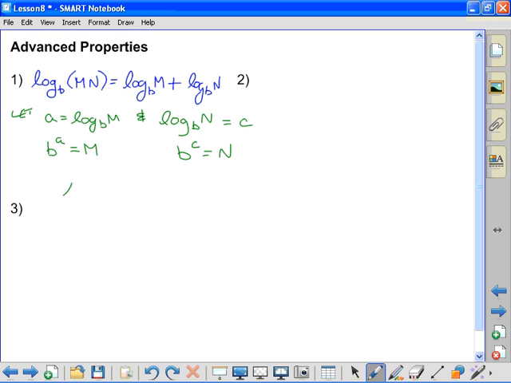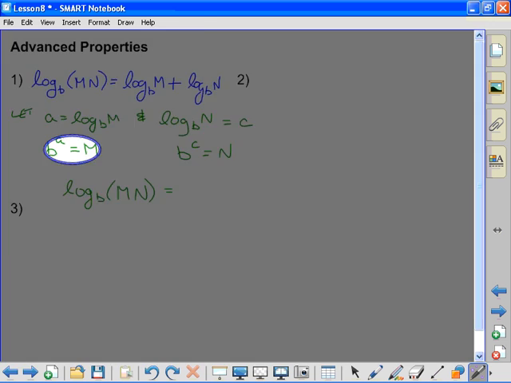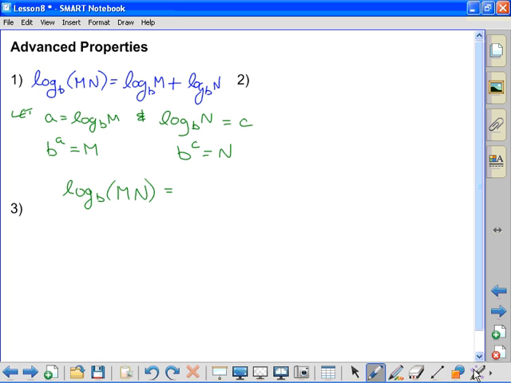If I go back to the original statement, log base b of m multiplied by n, I'm going to replace m and n with the values they're equal to. So m is replaced with b to the a, multiplied by b to the c.